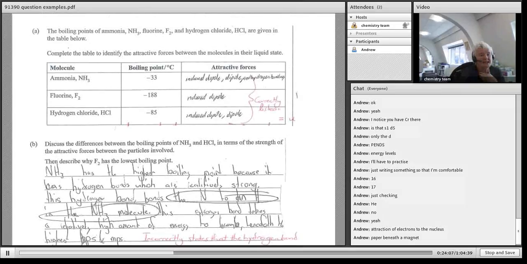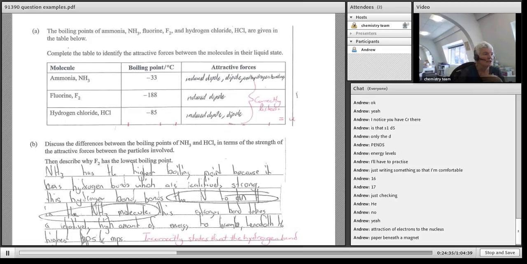Okay, so this is now the next question. So question 2, and so in this exam paper, remember, you've got electron configurations, you've got trends, and then another major bit is intermolecular forces. So intermolecular forces, then the other ones are polarity and shape, and then your final one is the thermochemistry.